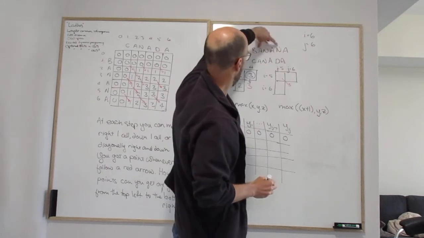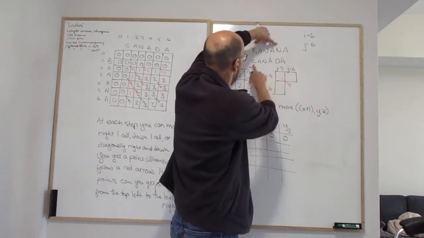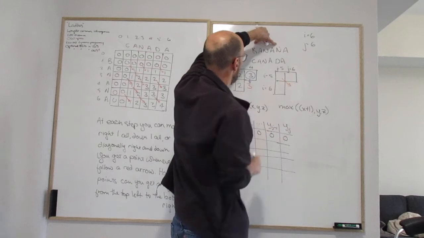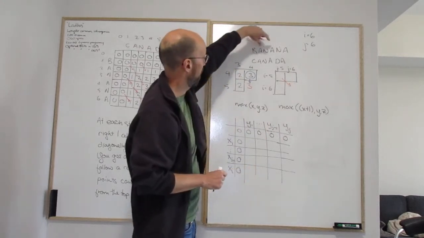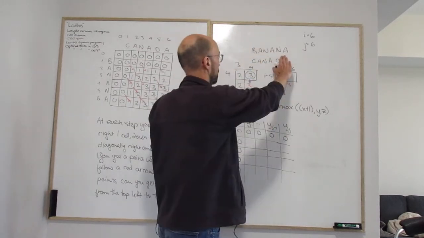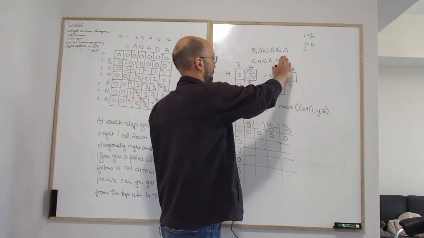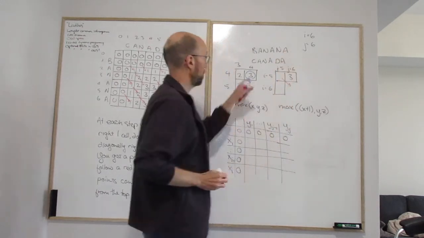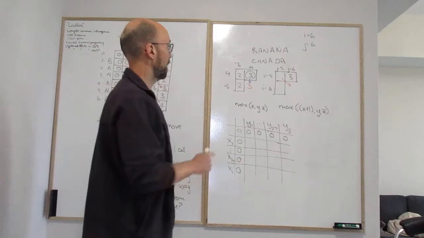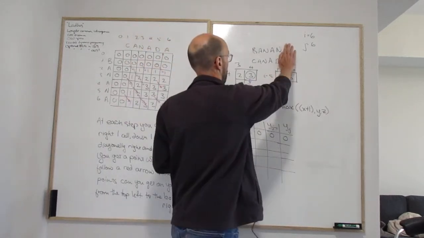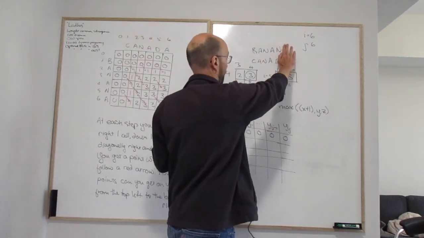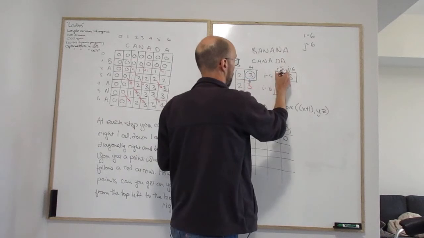This is 5 and 6, so this is the longest common subsequence. Here we put the longest common subsequence of banana and canard. And that's 3, because it's still A and A. And here we put the longest common subsequence of banan and canard, and that's still 3.